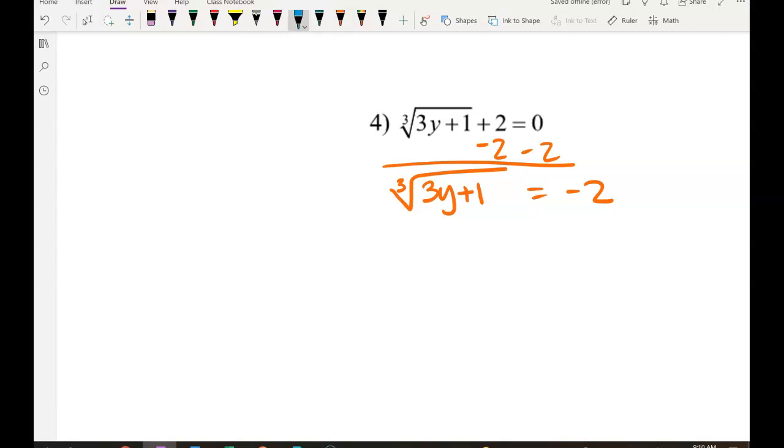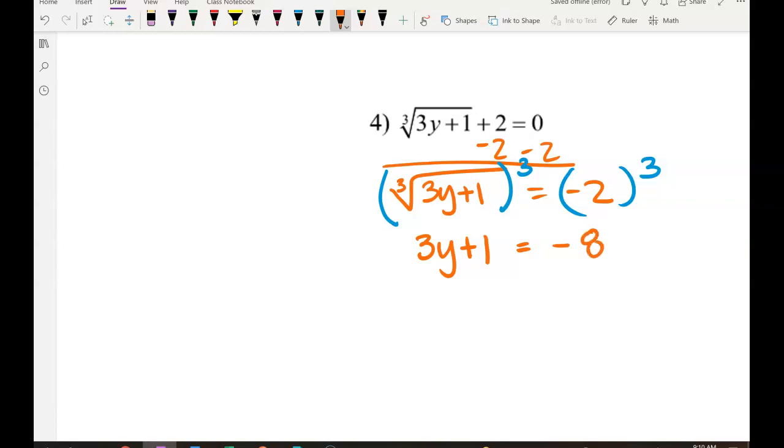So to undo cube root, what power should we raise it to? Savannah? Good, so raise it to a third, okay? So over here, we now have 3y plus 1 equals negative 2 raised to the third power equals?